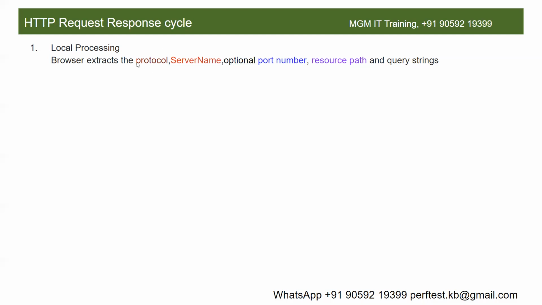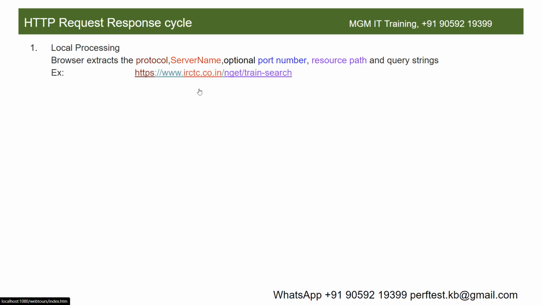These are protocols. Once you type a URL in the browser, it will break that request into parts: the protocol, the server name, the port number, the resource path, and the query string.